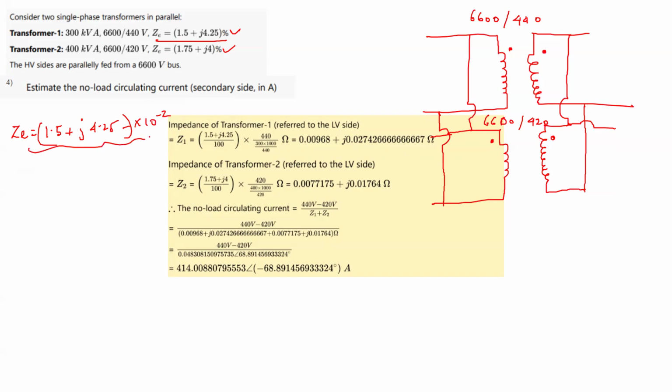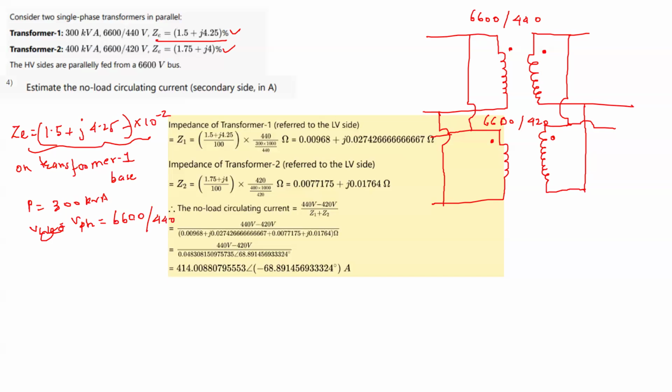This value is on its own base, so on transformer 1 base. Transformer 1 base means its power rating is 300 kVA and the phase voltage, because this is single phase, is 6600, or whichever side you are calculating.